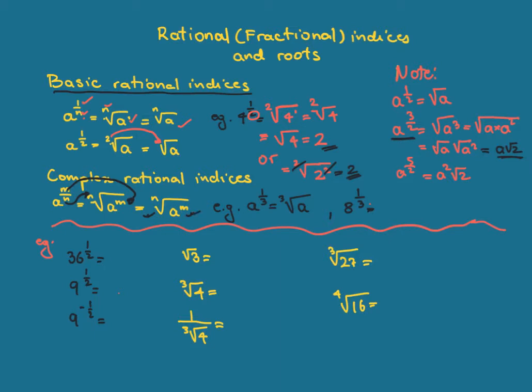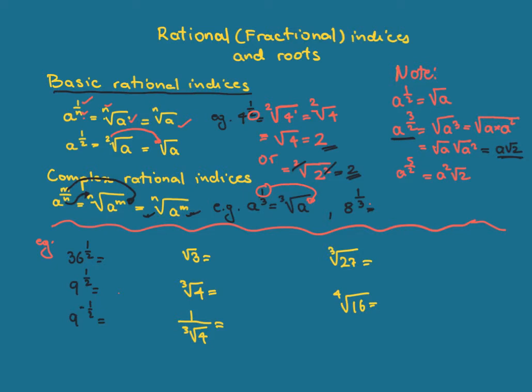For example, if we have a to the power of 1/3, we're going to have the third root of a. The number 1 goes here, but we don't write it because it's 1.